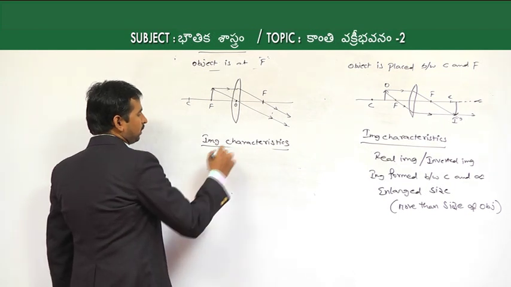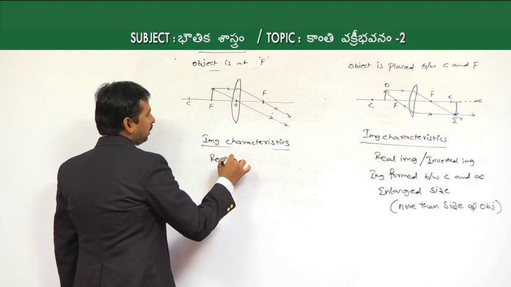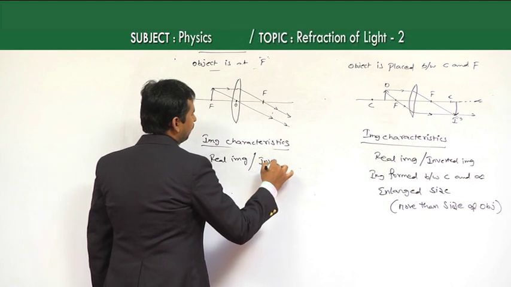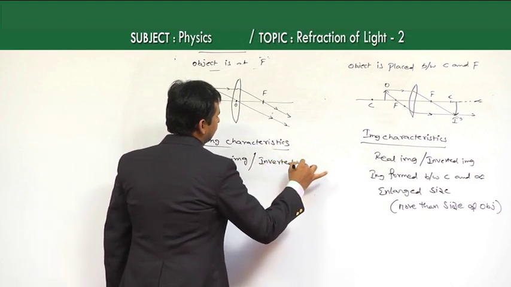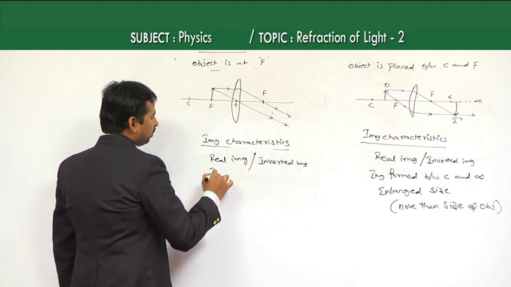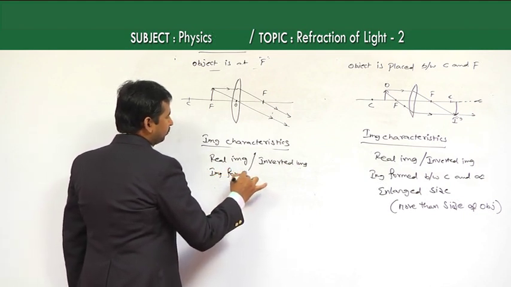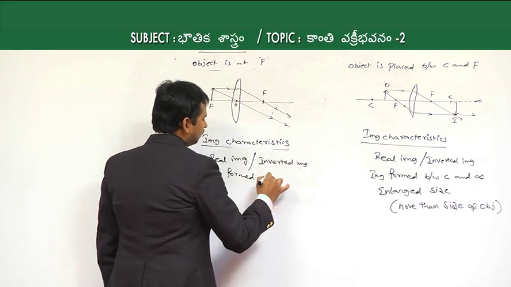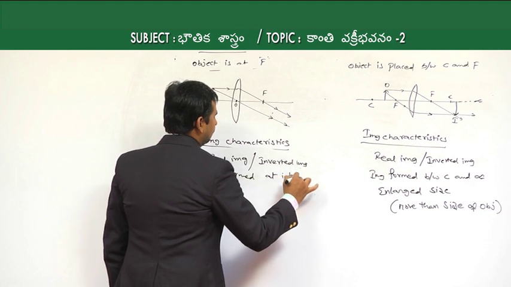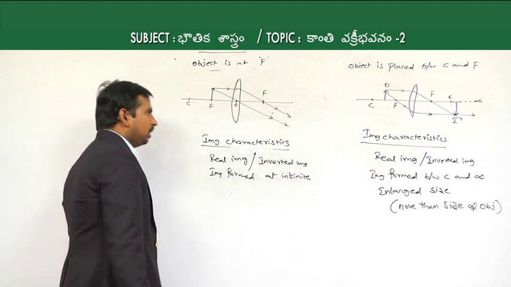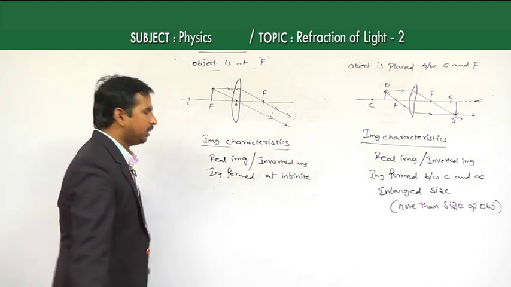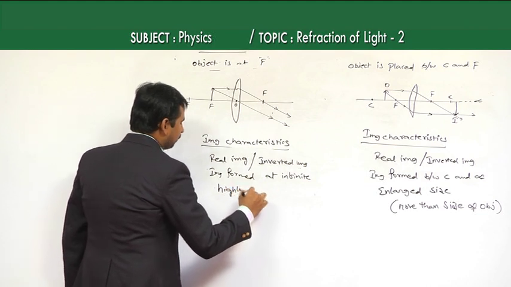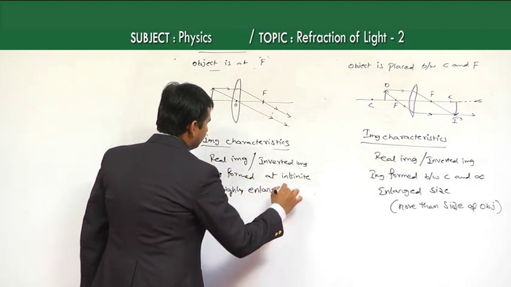So for the image characteristics, the image formed is a real image, and not only that, it is an inverted image again, because all real images are inverted. The image is formed at infinity, and as they are meeting at infinity, we have to take that as a highly enlarged image.